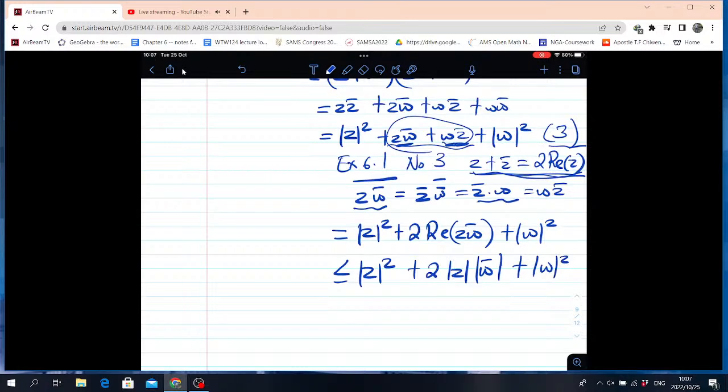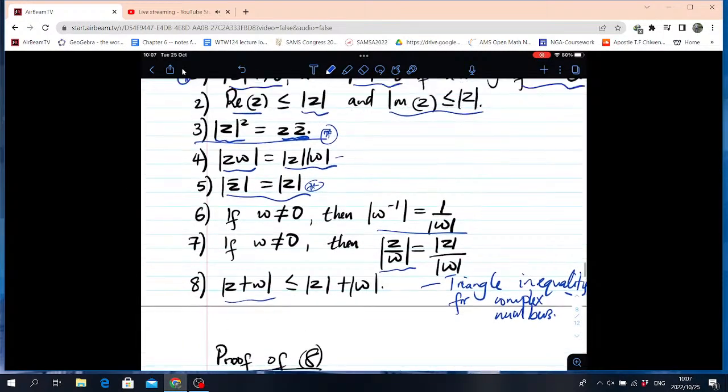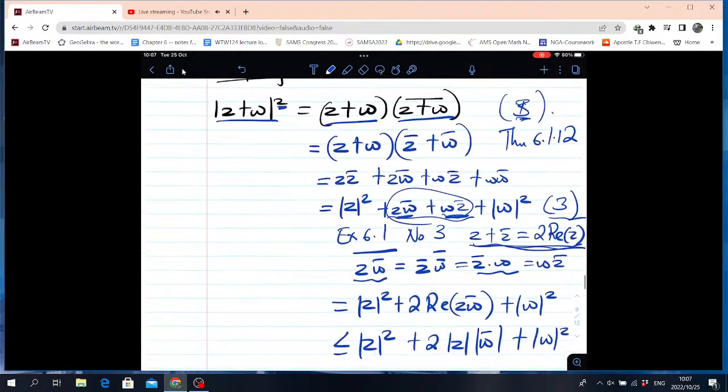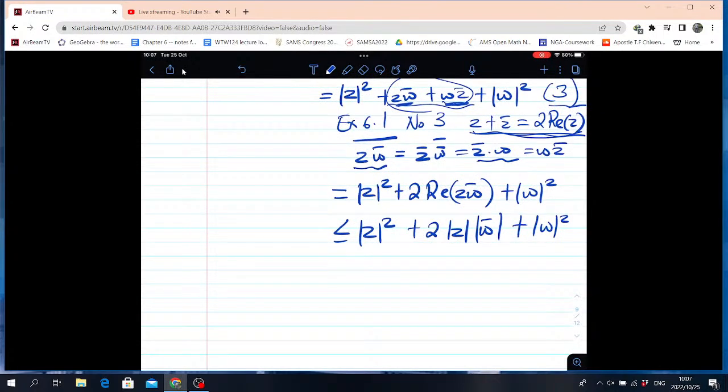Again, here we are using the fact that the real part is always less than or equal to the modulus. So that's what we used to say the real part of Z W bar is less than the modulus of Z W bar, but this is just equal to that. That's what we used to get that.